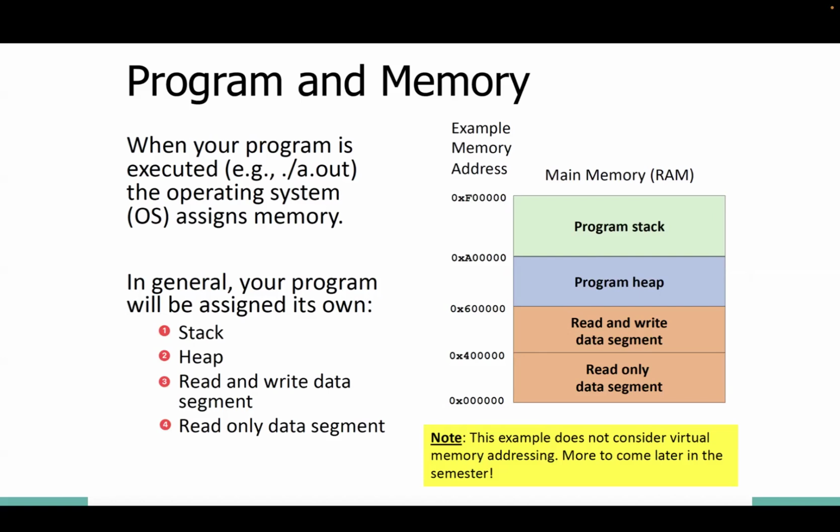When we change it to the .o file, it will go to different parts. This part is for the functions. Once you call a function, like main, function one, function two, all of them are in this part. And the program heap is about the malloc method. Once you use malloc, all the memory allocation will go into this part, and I will talk about this later.